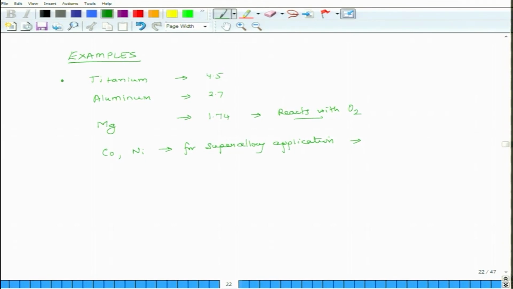Okay. So they can take high temperatures. Okay. So these are some of the examples.